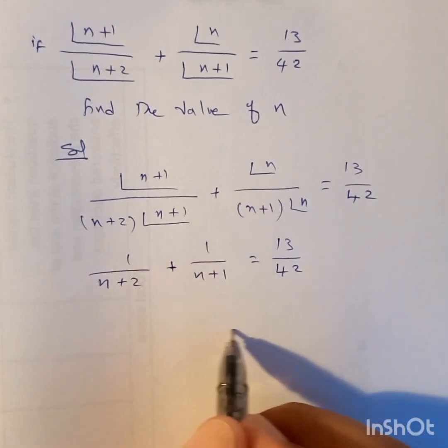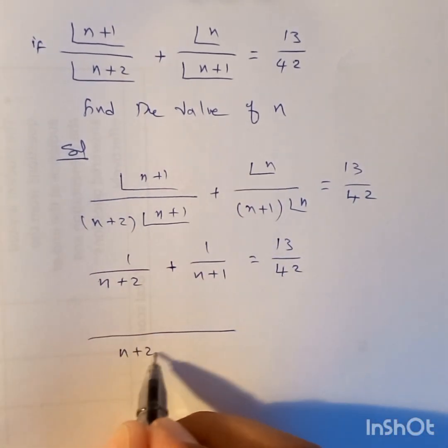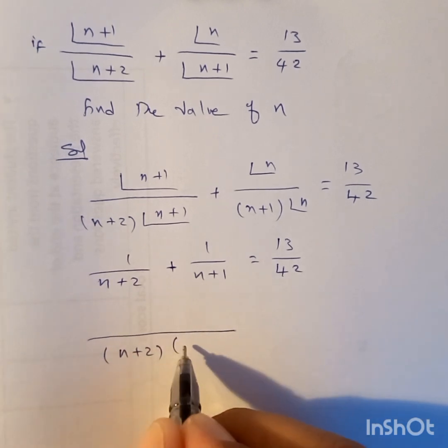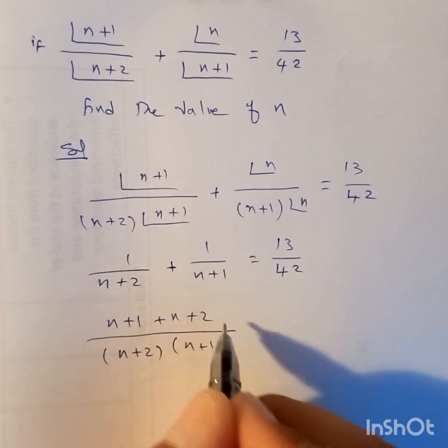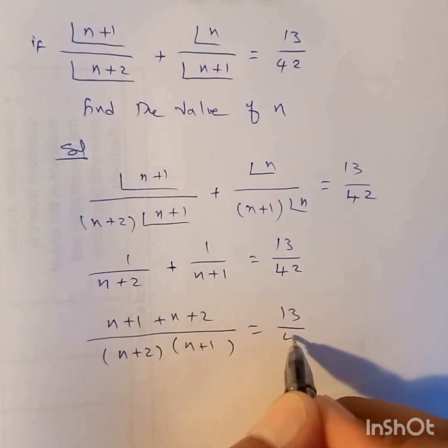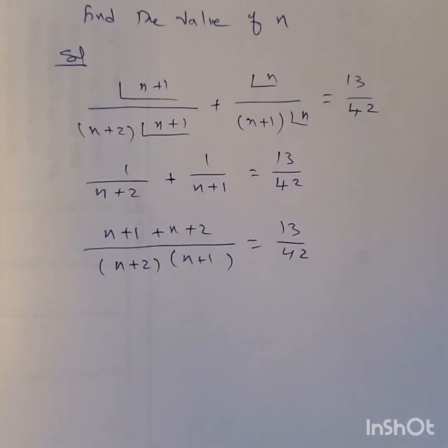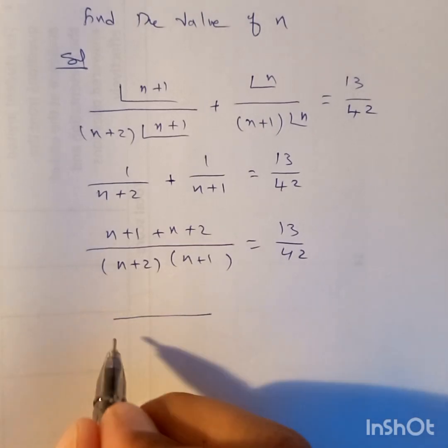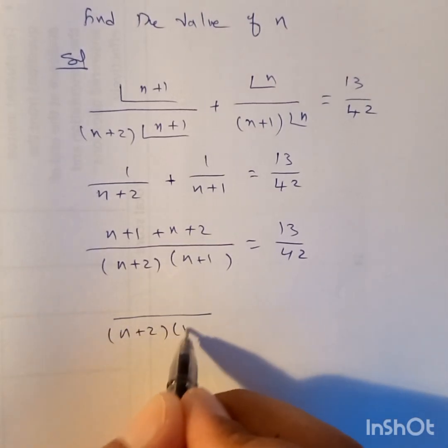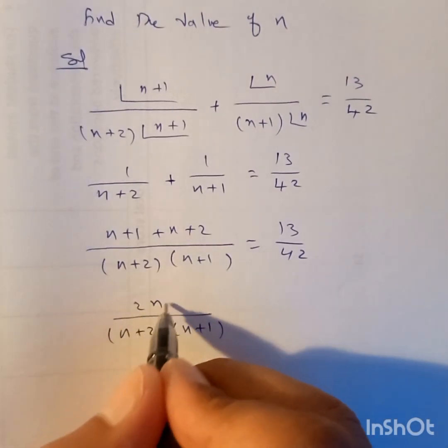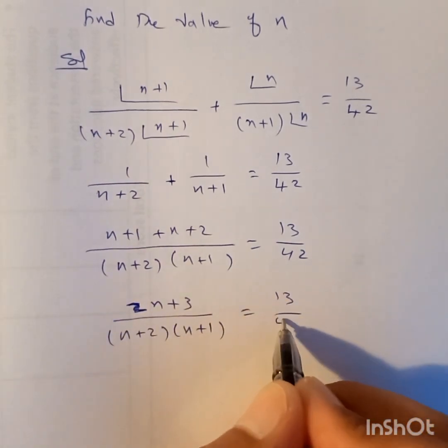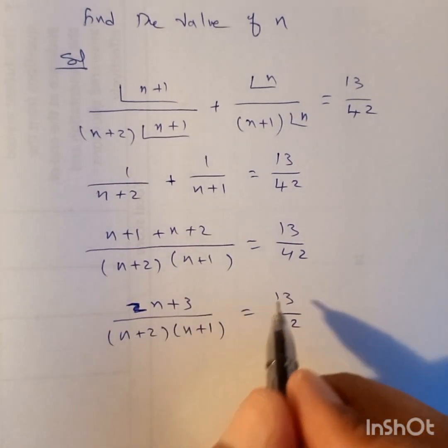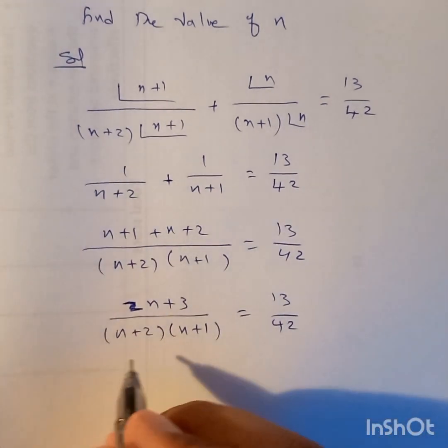Then we have a common denominator (n plus 2) multiplied by (n plus 1). Here we have n plus 1 plus n plus 2 equals 13 over 42. Here we have (n plus 2) times (n plus 1), and in the numerator 2n plus 3, equals 13 over 42. Here we can multiply.